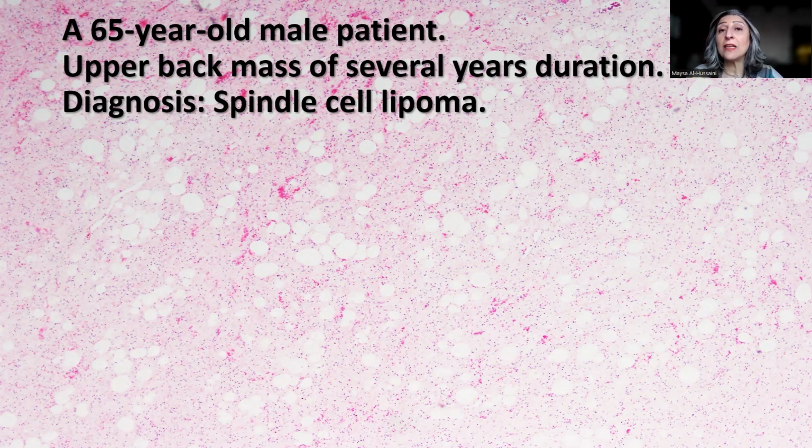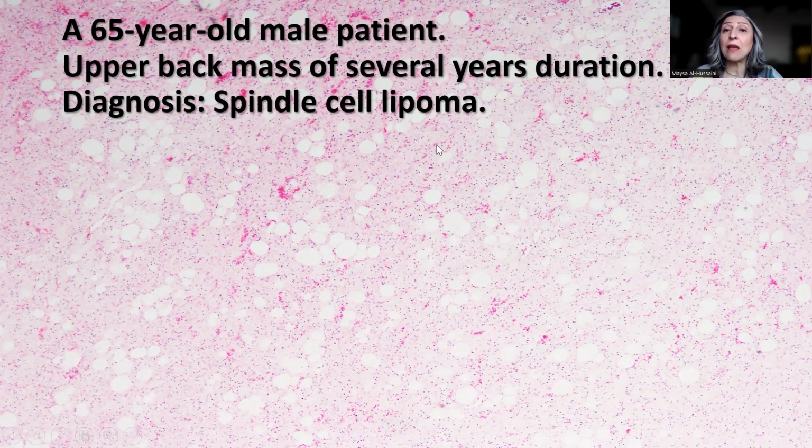This particular case was really large. It was 25 centimeter in maximum dimension, and the cut surface was myxoid, which might make one wonder whether this is an atypical lipomatous tumor or a myxoid liposarcoma, for example, versus spindle cell lipoma. But these are typical gender, typical age, as well as typical location.